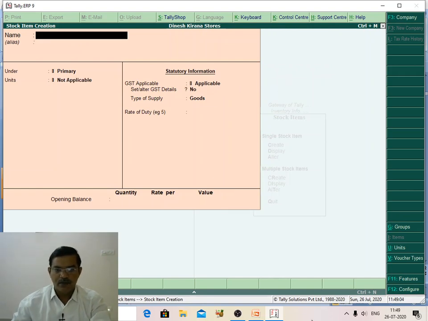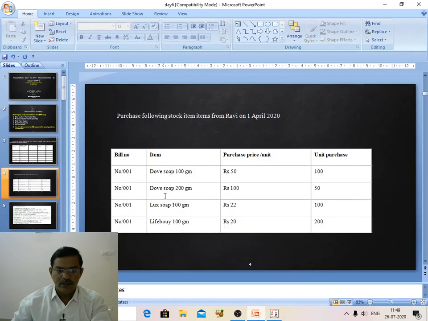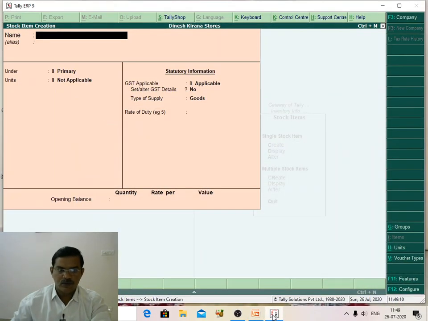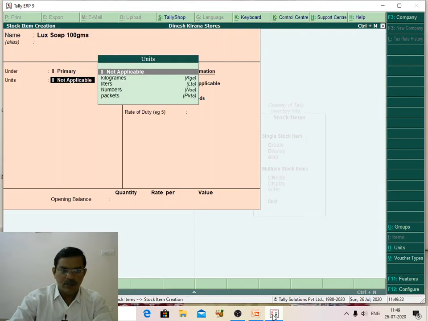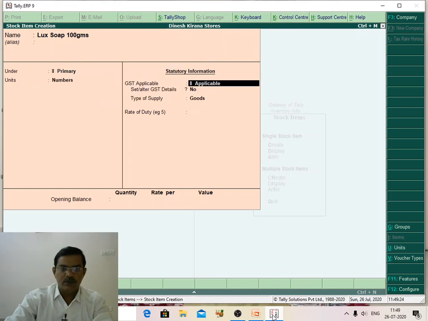Now another item is Lux soap 100 grams. It is also under Primary only, and we can measure it in terms of numbers.